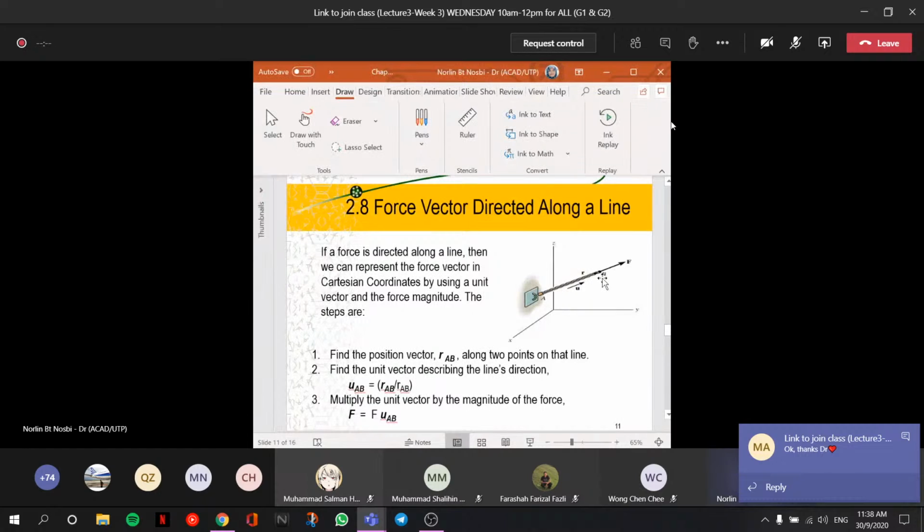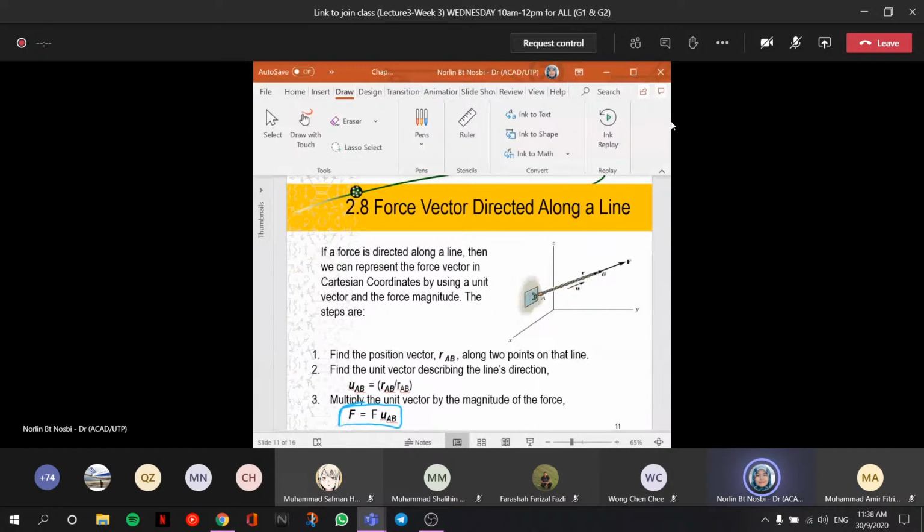This is the one that I showed you before, the question where there's an 80 kilonewton times U. So the force is equal to 80 U. It's the same as what I showed you in example 1, last topic, not this topic.